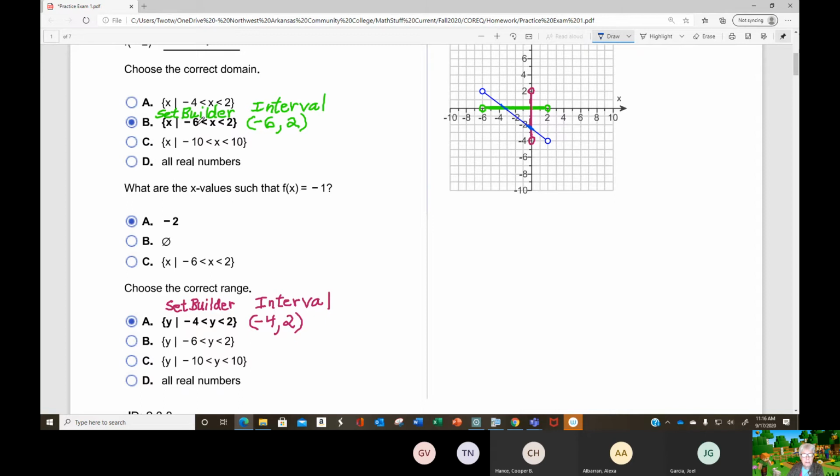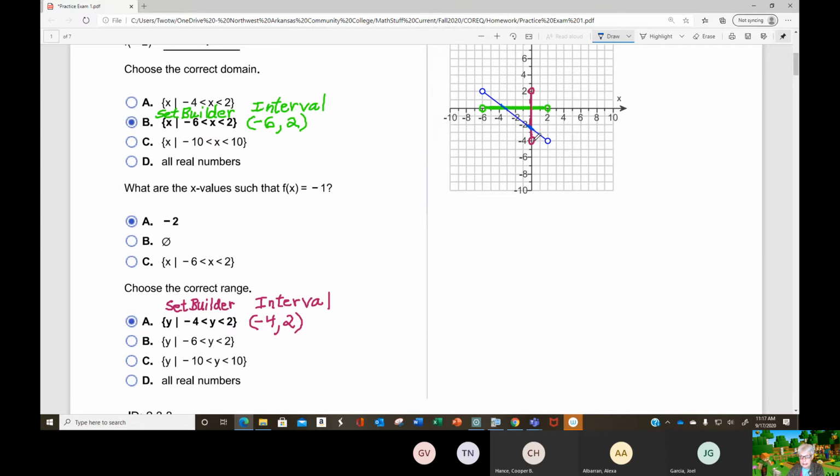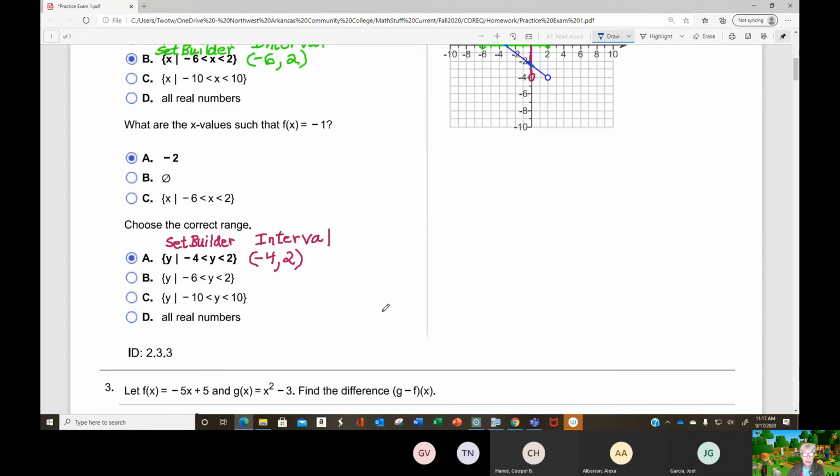And so what that would mean in set builder notation is this: all x such that x is between -6 and 2, but does not equal -6 or 2. And then if you were writing it in interval notation, you would write it like this: parenthesis -6, comma 2, parenthesis. Now for the range, the lowest number is -4 and the highest number is 2, and you always put the lowest number first and then the highest number.